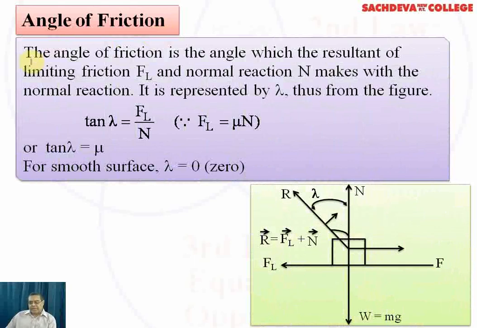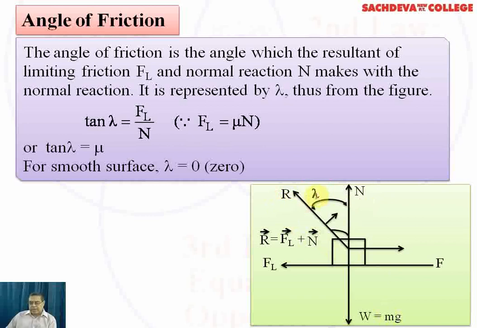Now we can see here, on the figure, there is a block. The right arrow is indicating the block has to slide towards F, and the downward force is weight, that is mg, and the normal reaction is N. So N balances mg. R is the resultant reaction, inclined at a certain angle to the normal line, and that angle is lambda.